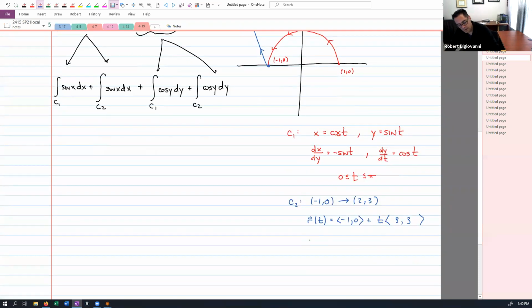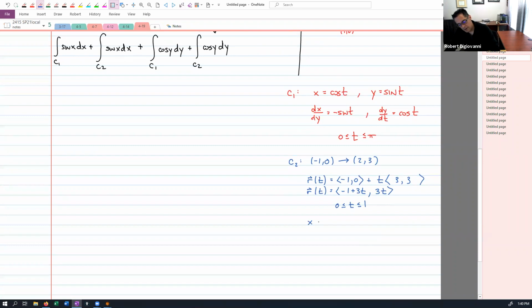Okay, and so now I'll put them together first. R of T equals -1 plus 3T, comma 3T. And of course, my restriction will be between 0 and 1. And that should draw it for me. From here, I can write the parametrics, and then I'll take their derivatives.